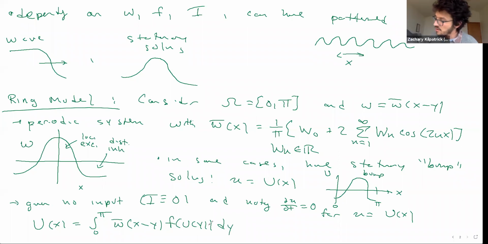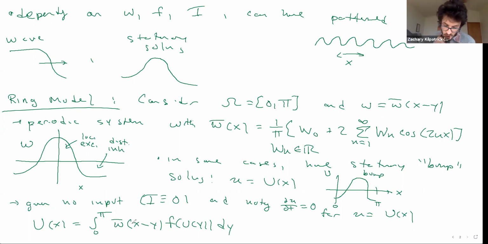Now you could solve this equation numerically, but we can actually exploit this Fourier expansion to make simpler problems. In the case where your weight function only involves maybe a few of these coefficient terms, then you just have a low dimensional nonlinear root finding problem to solve to find these solutions.